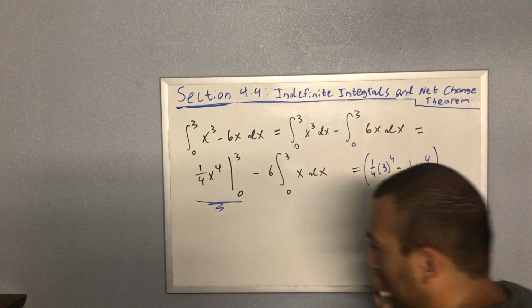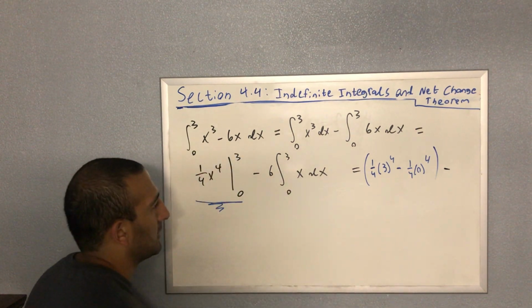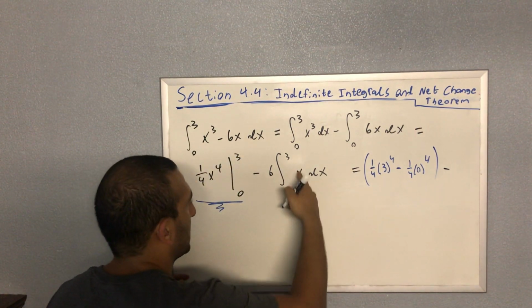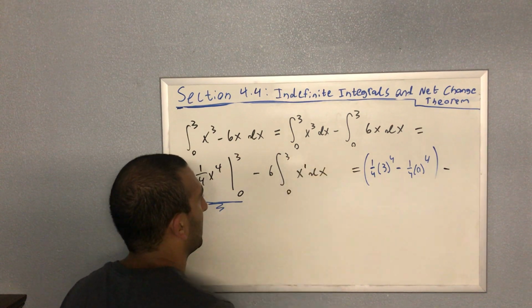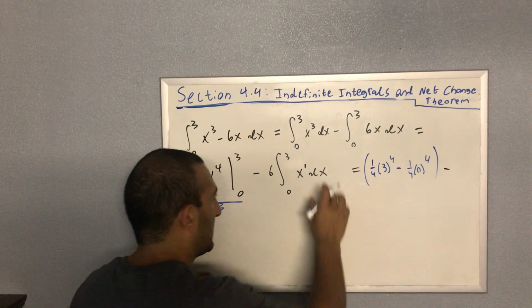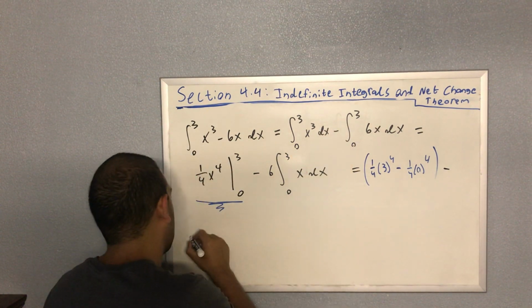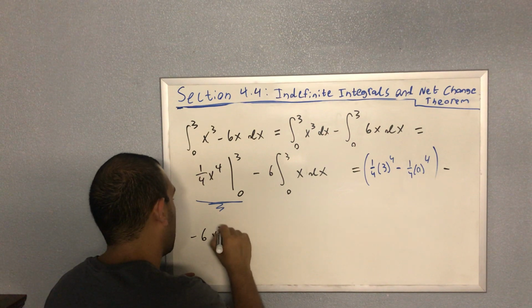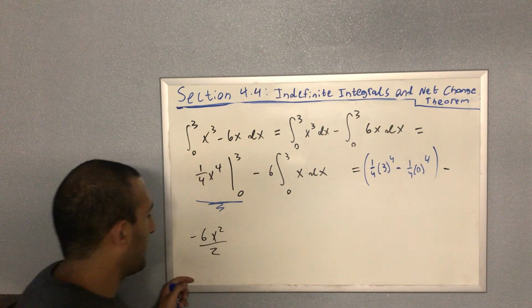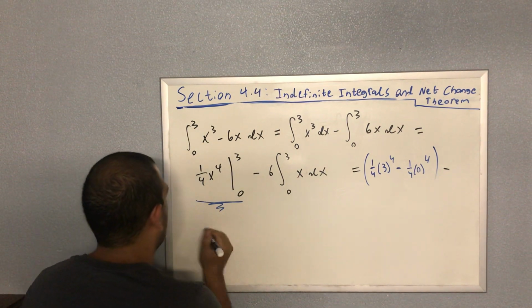And now, what is the antiderivative of this? Well, it's going to be x squared over 2, right? Because there's a 1 here. There's an imaginary 1 here that you don't always see. So this is going to be negative 6 x squared over 2. Maybe I'll write some more detail.